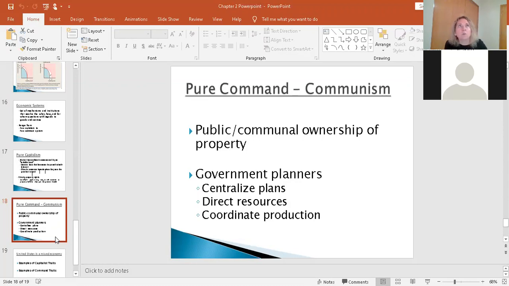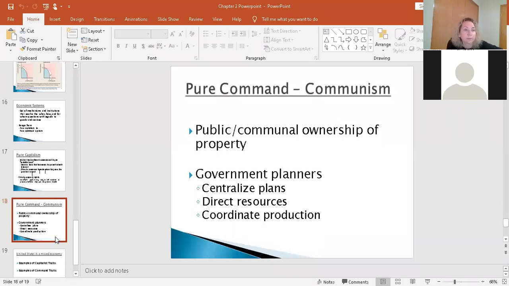Where do you think the US lies on that spectrum? What percentage of the US economy do you think is command or communist or has those ideals? How much of our economy do you think the government dictates is the question. I have a 45%. Any other guesses? 25?